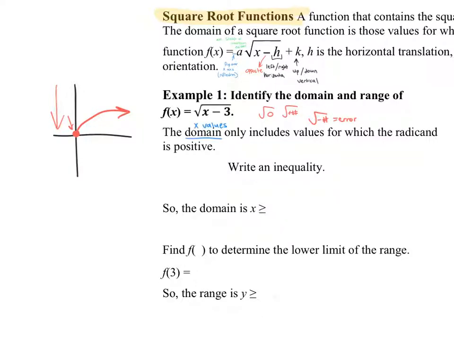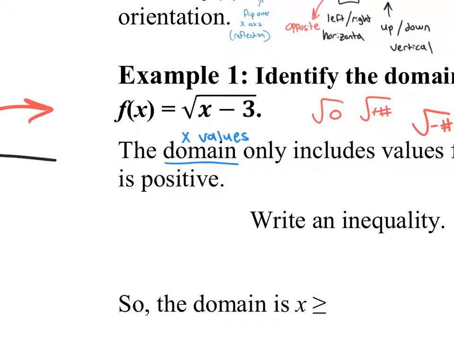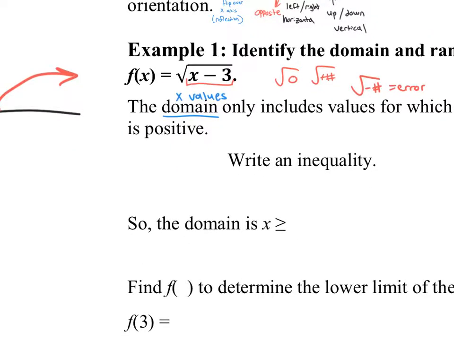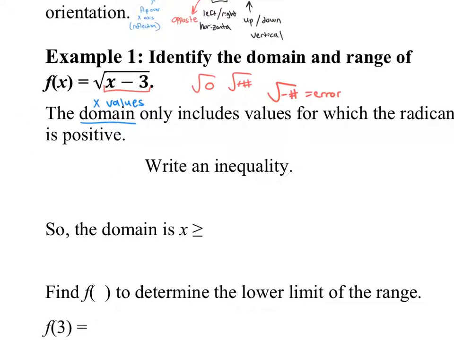So to find the domain, we're going to take this scenario here and talk about what's going on. Our inequality is going to be the stuff underneath the square root, x minus 3, has to be equal to 0 or bigger. This inequality is saying that this side on the left has to be 0 or bigger.